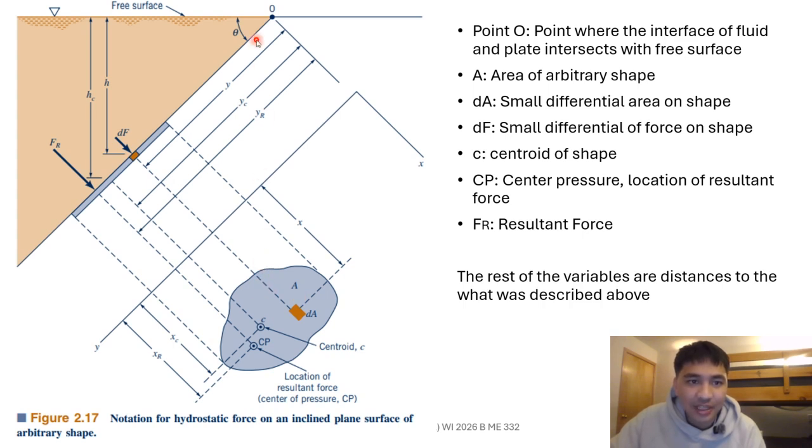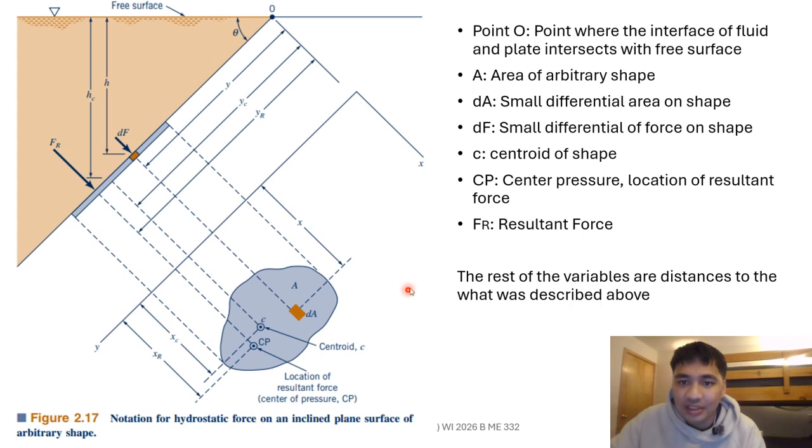Now I believe we can get into these bullet points to make sense of them. Point O, which is up here, is the point where the interface of the fluid and plate, which is this line here, intersects with the free surface. And that gives us this angle theta here. A is the area of the arbitrary shape, which is here.